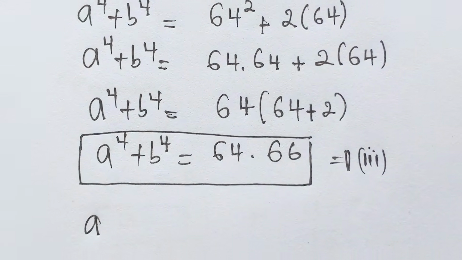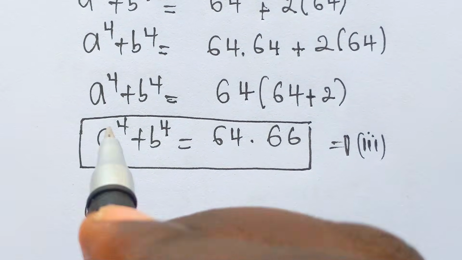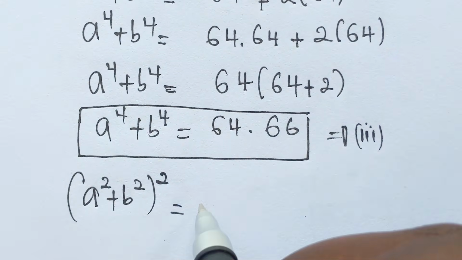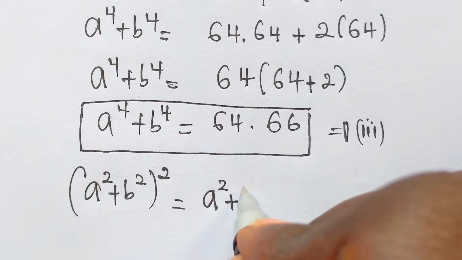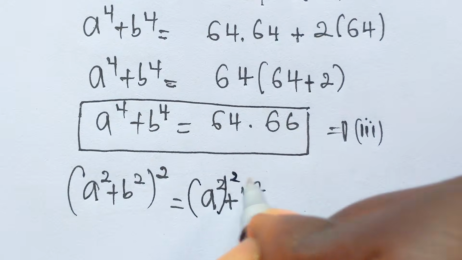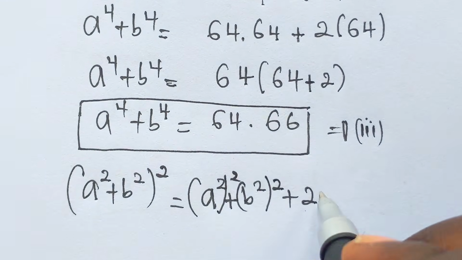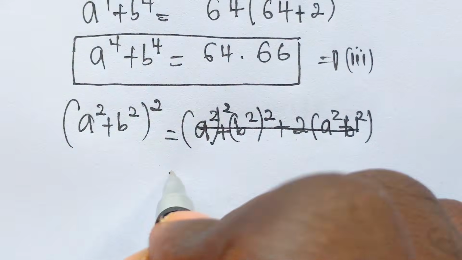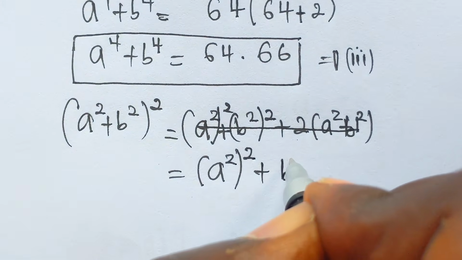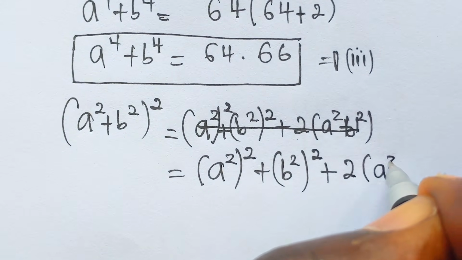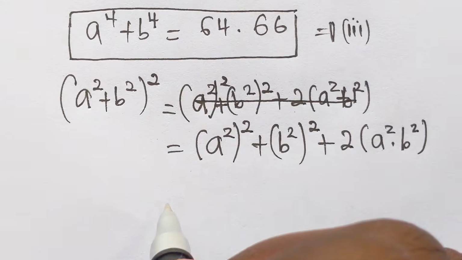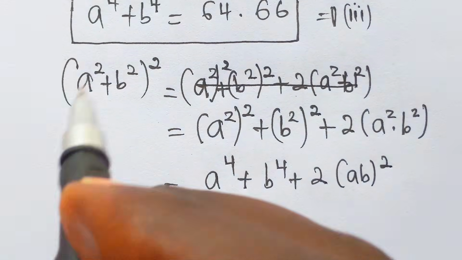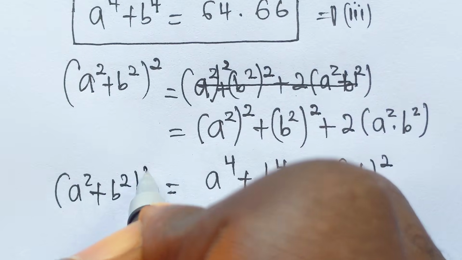If you take a squared plus b squared and square it, this is where we can find this, because we get a squared squared, then plus b squared squared, plus 2 times a squared b squared. And this is equal to a power 4 plus b power 4 plus 2 times ab squared. And of course this is a squared plus b squared, then squared.